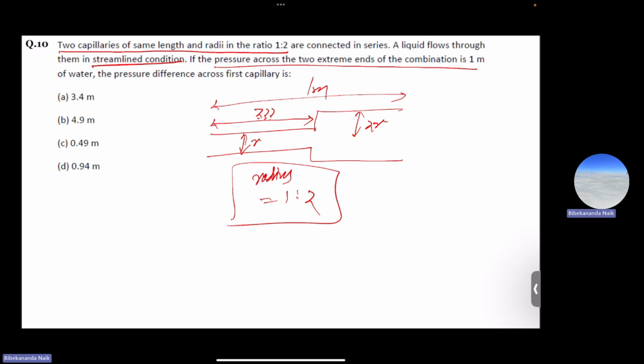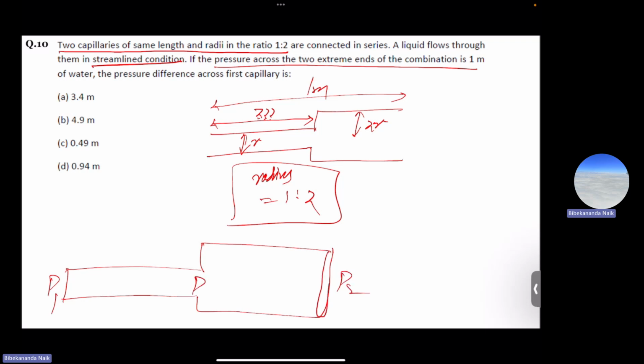So let's say, suppose this is the tube, this is P1, this is P, this is P2.